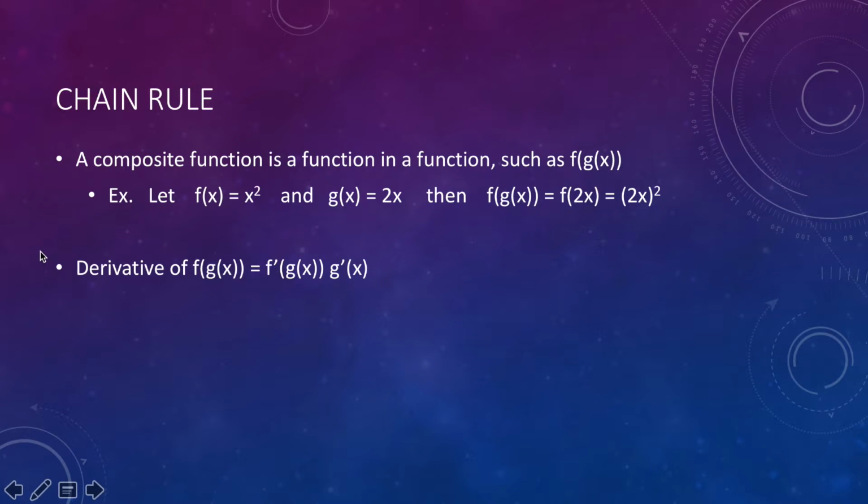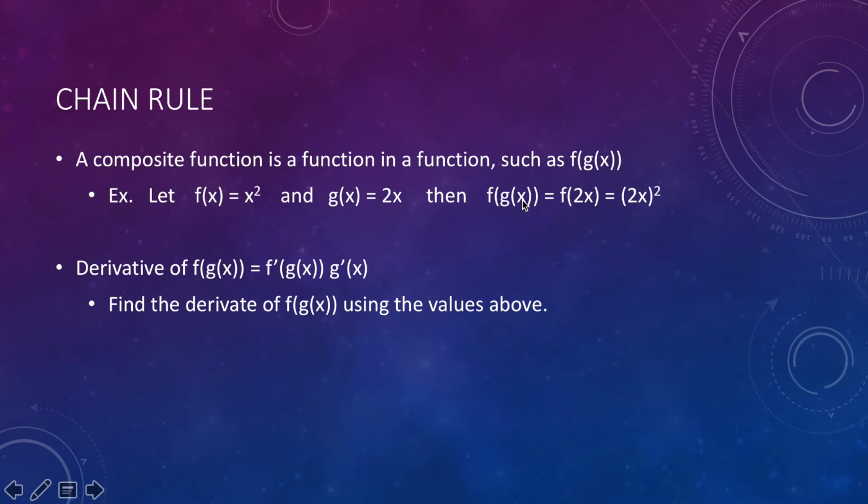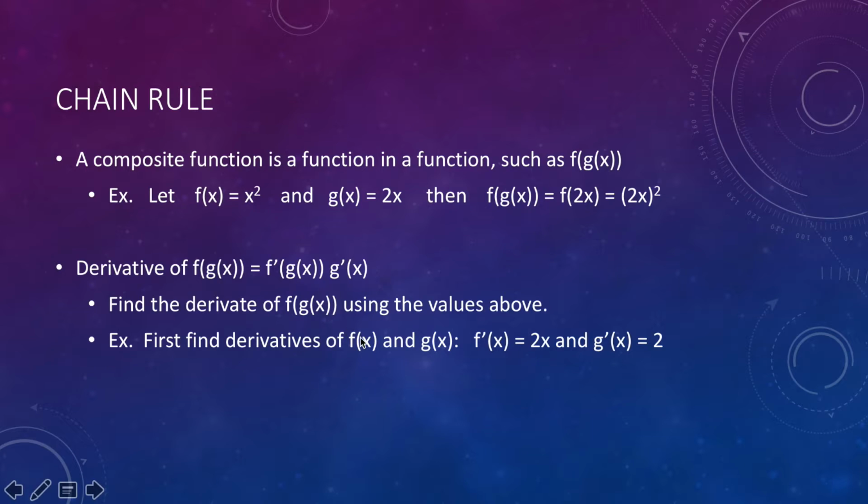So this is the formula for the derivative of a composite function. And we're going to go over an example to better illustrate what this means. Take a look at this example right here. First, you'd find the derivative of f of x and g of x, right? So the derivative of f of x right here is 2x. The derivative of 2x is just 2. We know that f of x equals x squared, g of x equals 2x.